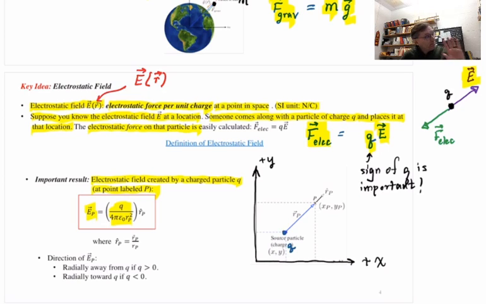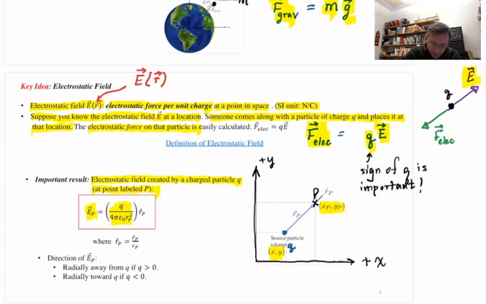And just to be different, I didn't put it at the origin. Everybody said that source particle has to be sitting at the origin. Then I picked the point P to be just some distance away from the source. Now I need to tell you both where the source is, that'd be the coordinates x, y, and where point P is, with coordinates xp, yp.